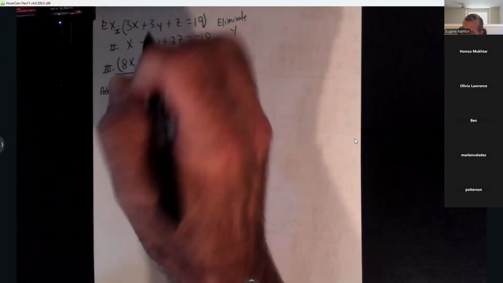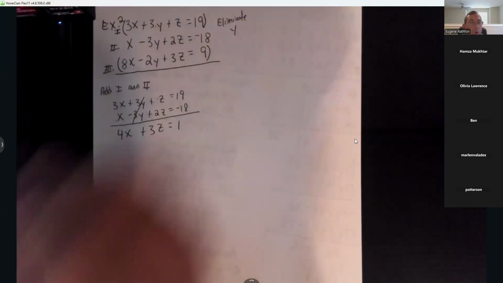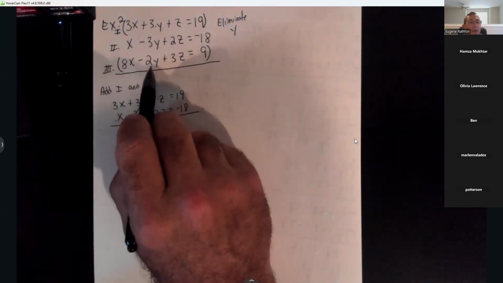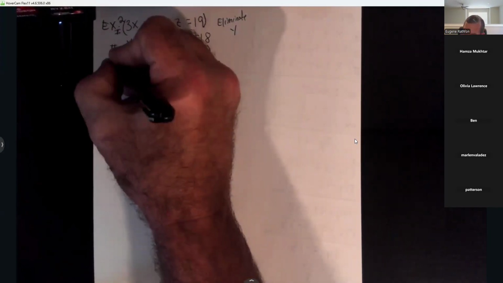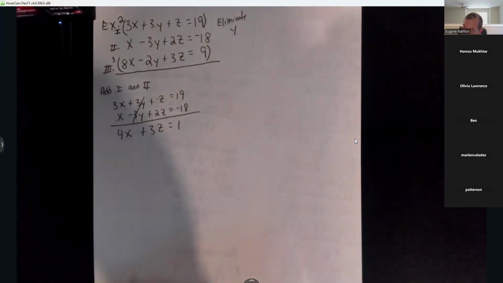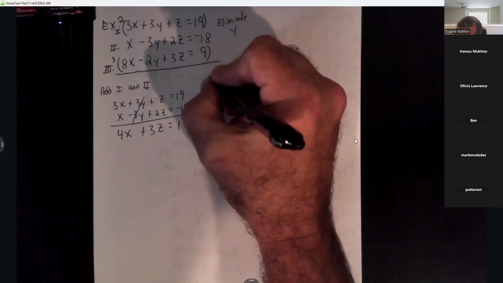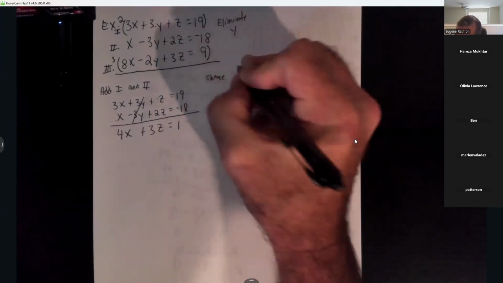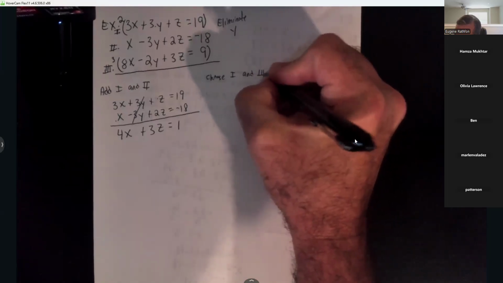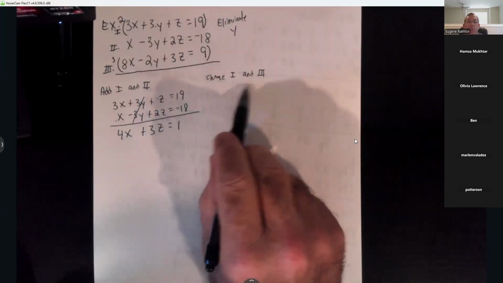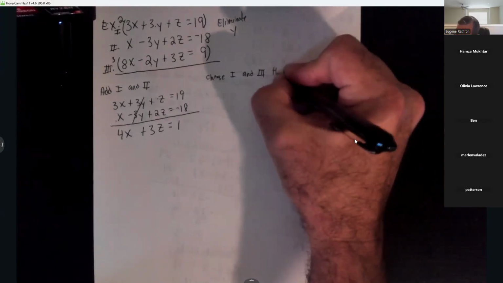So to turn that 3 into a 6, I'm going to multiply row 1 by 2. To turn that negative 2 into a negative 6, I'm going to multiply that row by 3. So we're going to change 1 and 3, then add together.